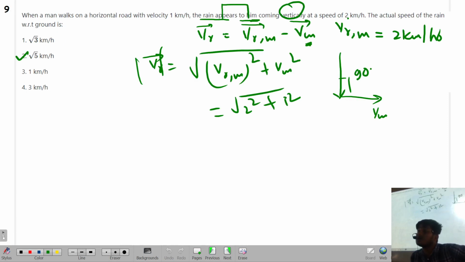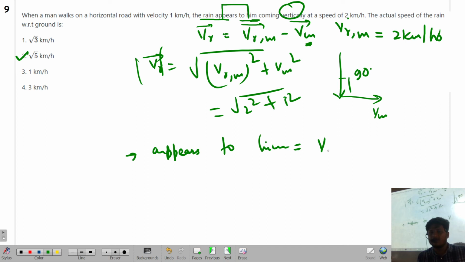1 square. Yes, it's 1 square. So appears to him. Remember that appears to him means what? It is given what? Velocity of rain with respect to man.